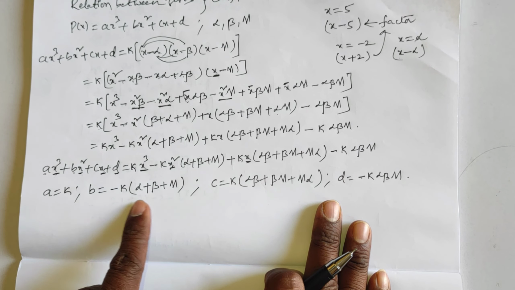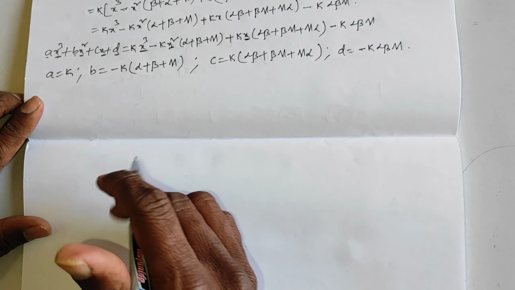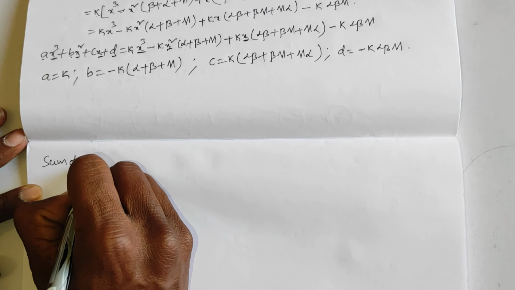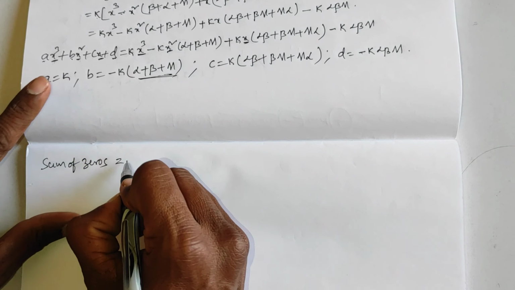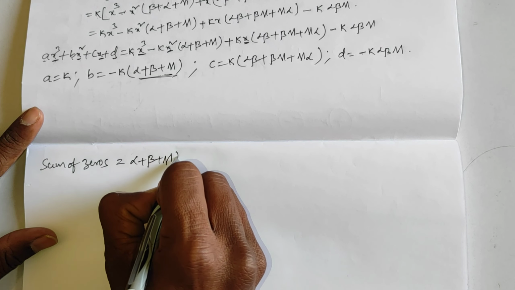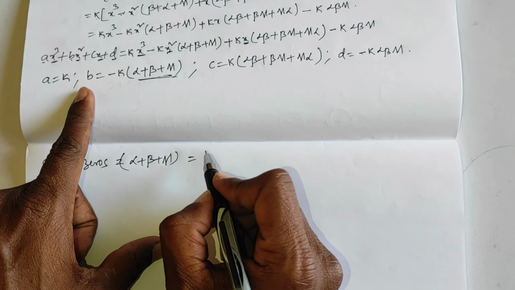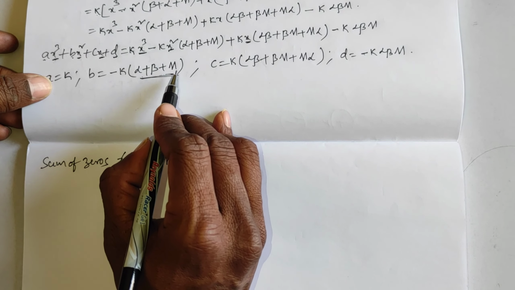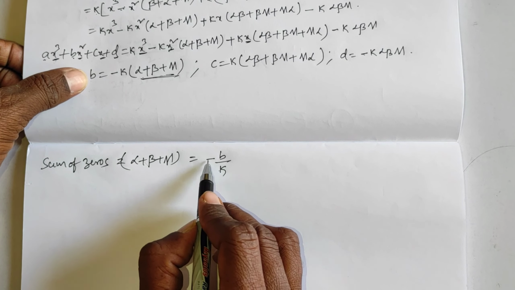Now with these values we have to find the relation between zeros and coefficients. First we will see the sum of zeros. Sum means addition. Alpha plus beta plus gamma is equal to, this multiplication becomes division, minus b by k.